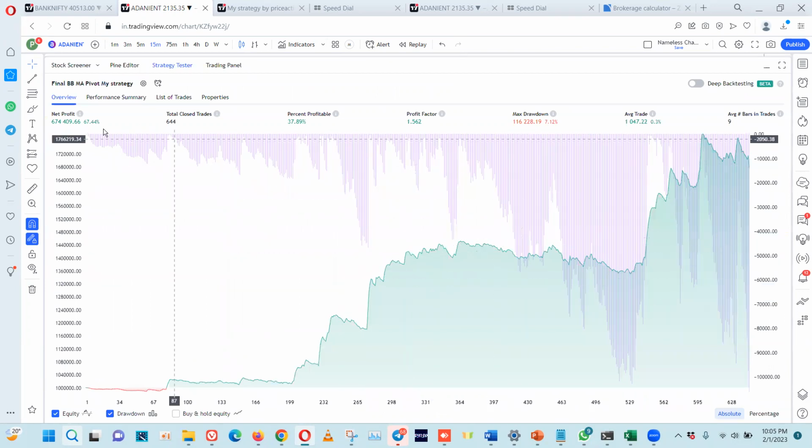We can see Adani NT has given significant profits. Profit factor is 1.562. Percentage win is just 37%. But for every rupee losing, we are making 1.5 rupee. Total number of trades is high, 644. This is for the 15-minute chart.